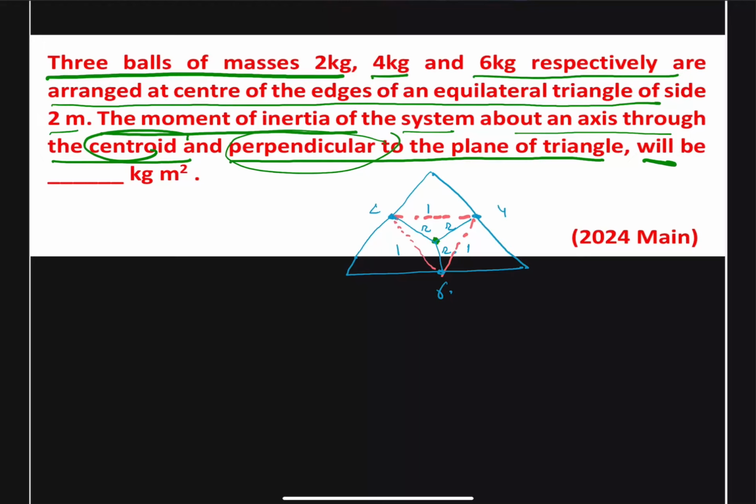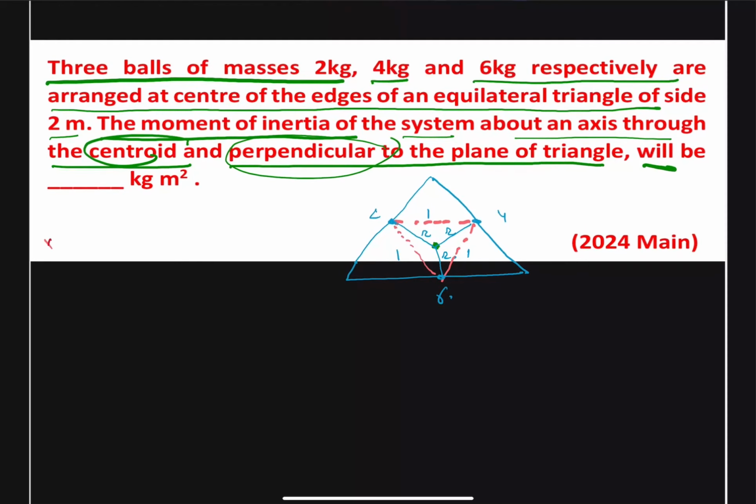So let us assume that the side of the equilateral triangle is represented as A. So you can say that side of a triangle, let us suppose that is A, which is given to us as 2 meter.